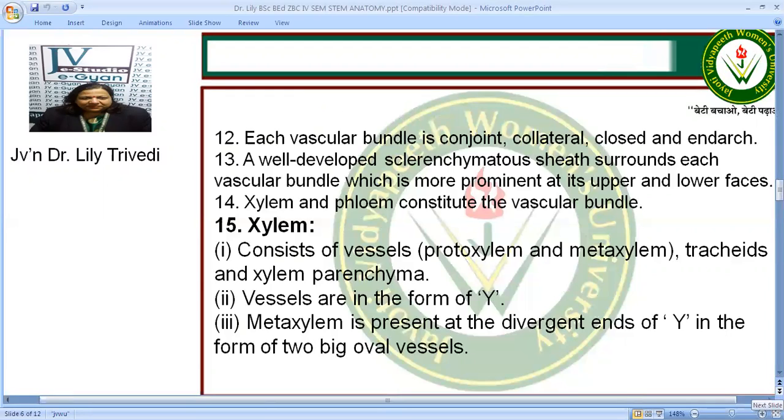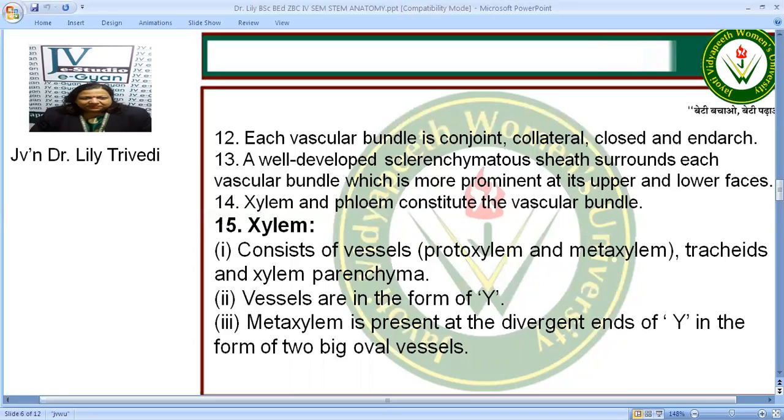Conjoint means xylem and phloem are present on the same radius. Collateral, they are present together. Closed means there is no scope for secondary growth as cambium is absent. And endarch means xylem on the inner side and phloem on the outer side.